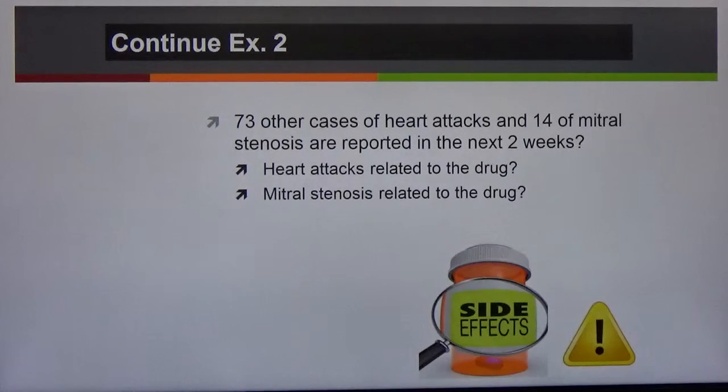73 other cases of heart attacks and 14 of mitral valve stenosis are reported in the next 2 weeks. Heart attacks related to drug? 10,000, remember. 73. We have to put it in context. Say maybe. Yeah. There is a signal, I would say. Yes, signal.